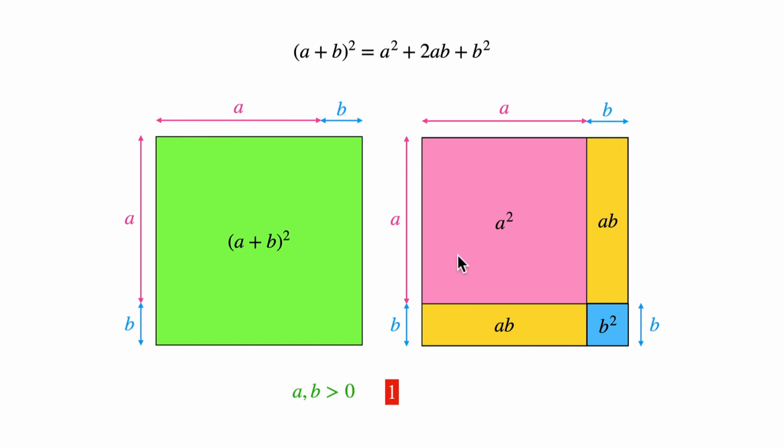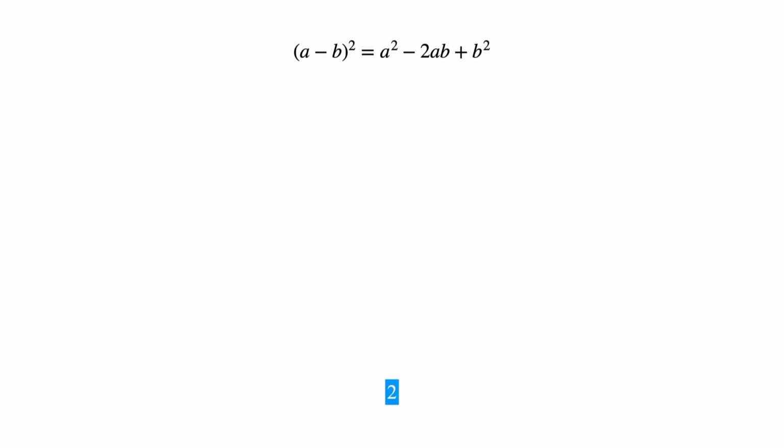So you see, the right-hand side describes the same area but divided into sub-areas. But still, the sum of these four areas is equal to the entire area.